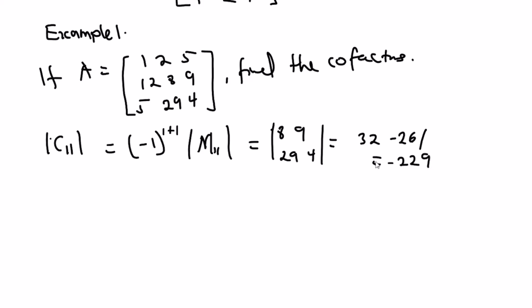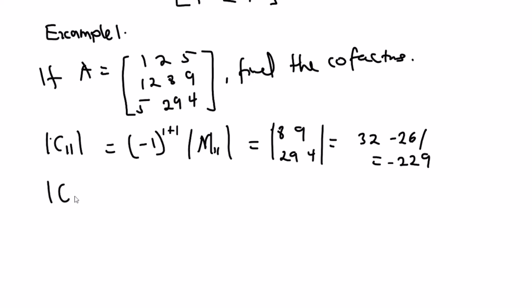So this is done by just the product of the leading diagonal minus the product of the off diagonal, just like we did for the minor. In this case, what we consider here is the sign, to take the minor, then the sign that we are going to assign against the minor that we have there.